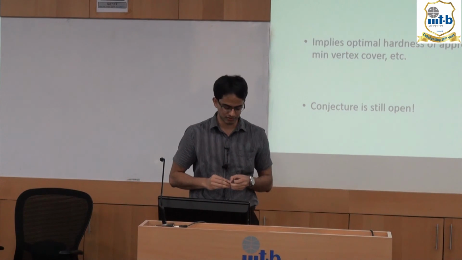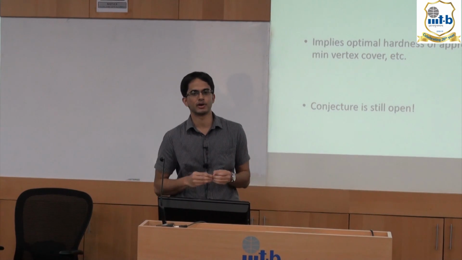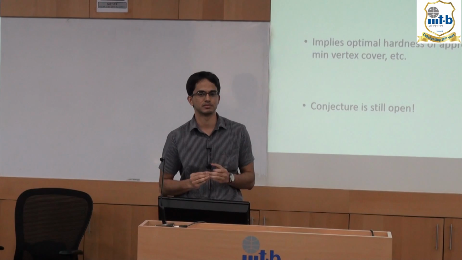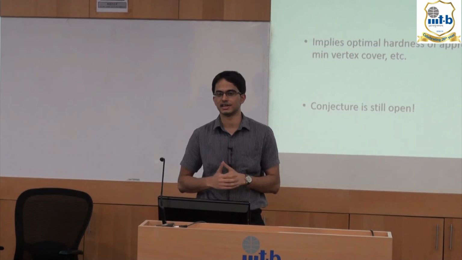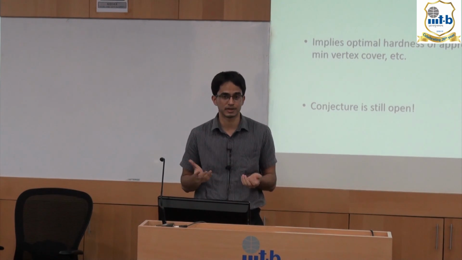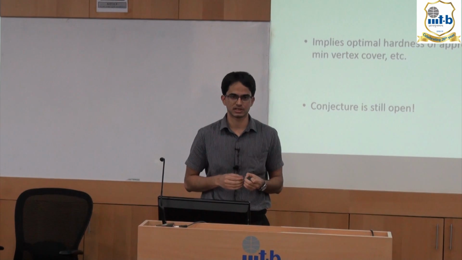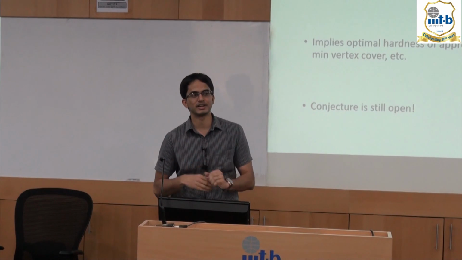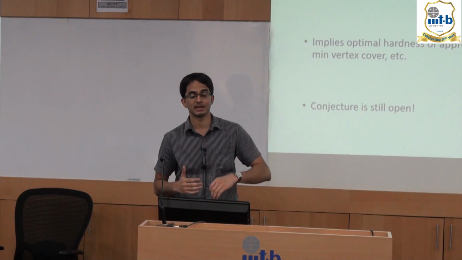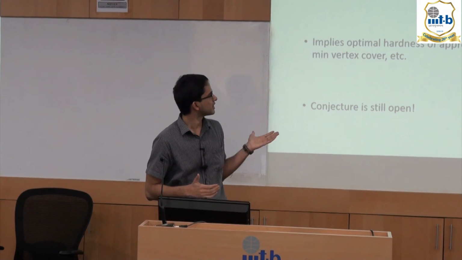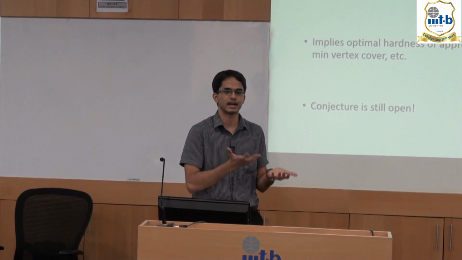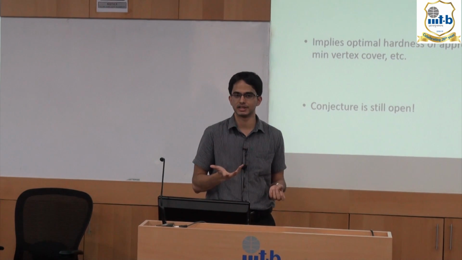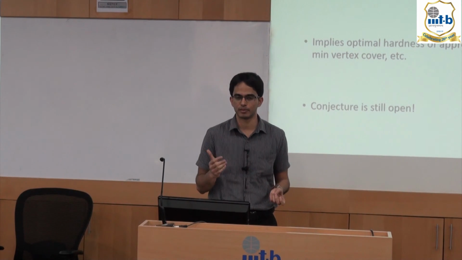There is an area called beyond worst case analysis of approximation algorithms, where they study these kinds of things: if your instance has some special properties, can you get better approximation algorithms for these kinds of problems? It doesn't exactly answer your question of why heuristics work, but for example, in the case of unique games, if we know that the underlying instance satisfies some properties, then we can solve it in polynomial time.